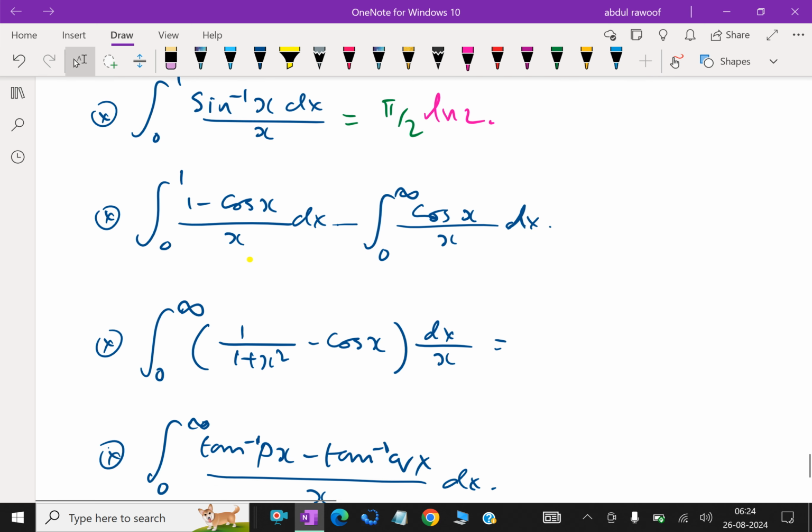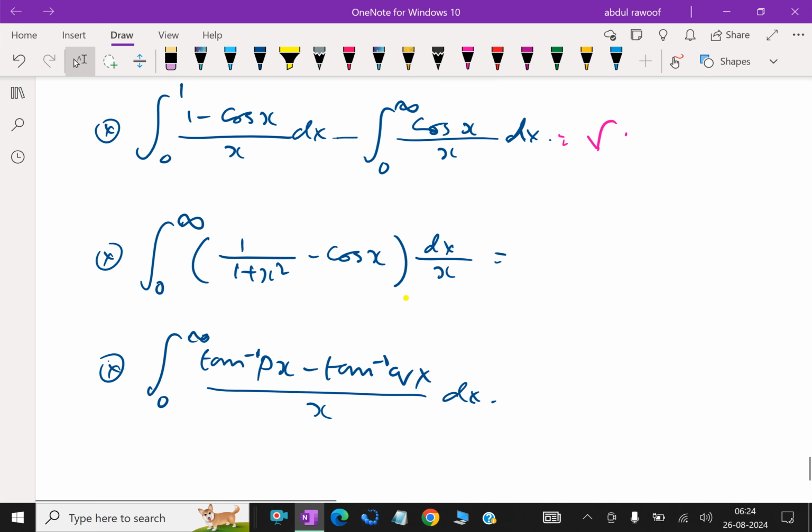Next is integral 0 to 1 of 1 minus cos x over x dx, minus integral 0 to infinity cos x over x dx, which is equal to some value, gamma function.